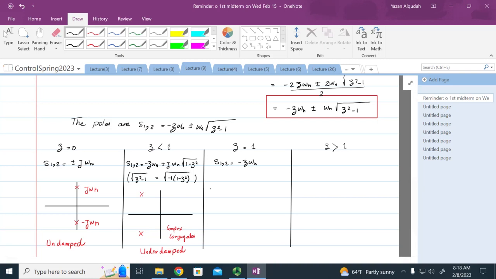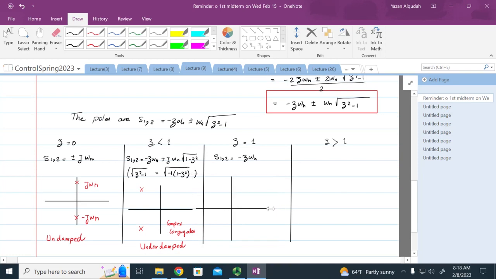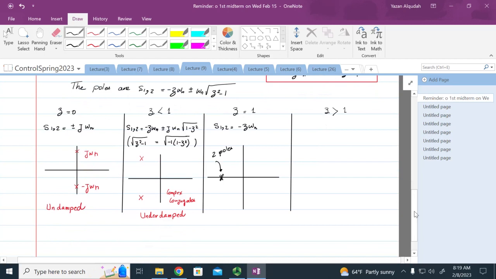Where are we going to have the roots? On the real side of the graph? Excellent. On the real side. And how many roots are we going to have on the real axis? 2 roots. Both of these 2 roots are going to be on top of each other. So here we have two poles. And we're going to call this case critically damped.